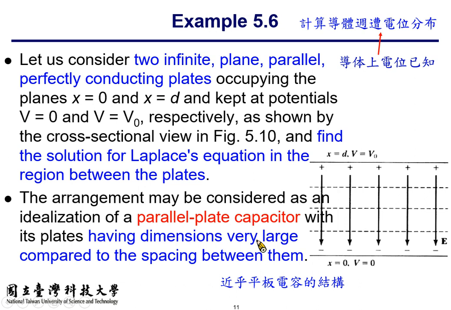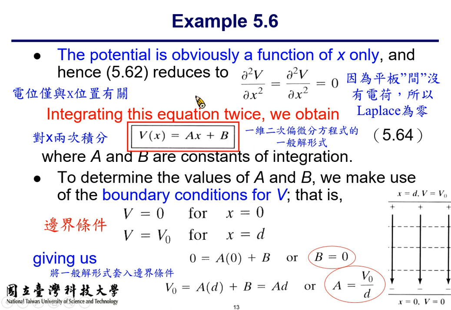The solid line arrows are the electrical field intensity vectors. As you can see here, it's also homogeneous, which means the electrical field intensity is the same everywhere. The magnitude and the direction of the electrical field intensity are homogeneous within this space between the two plates.